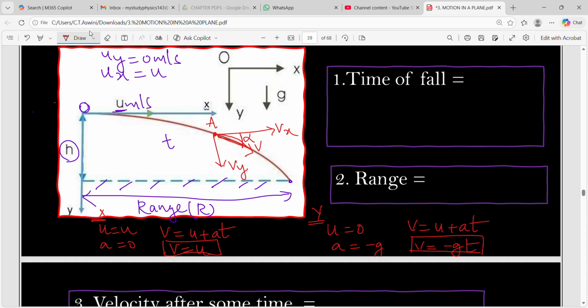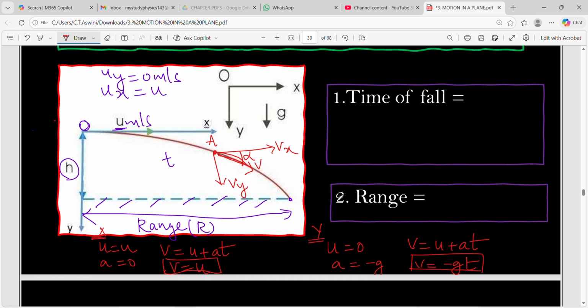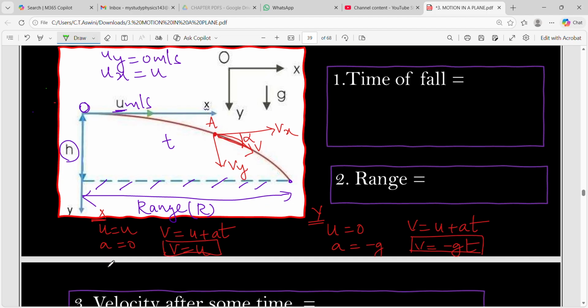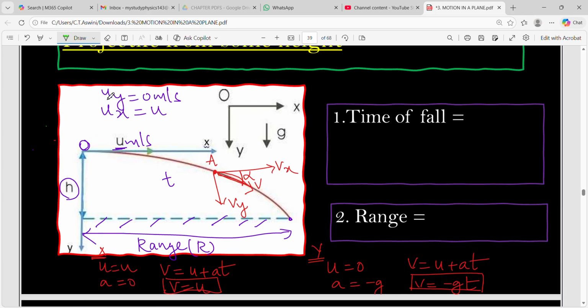Now, there are certain important formulas that you have to remember. After seeing what we have discussed now, velocity in x, velocity in y, and I said initial velocity along y is 0. So, does this point hit something in your brain? Don't you consider it like the case of a freely falling body?